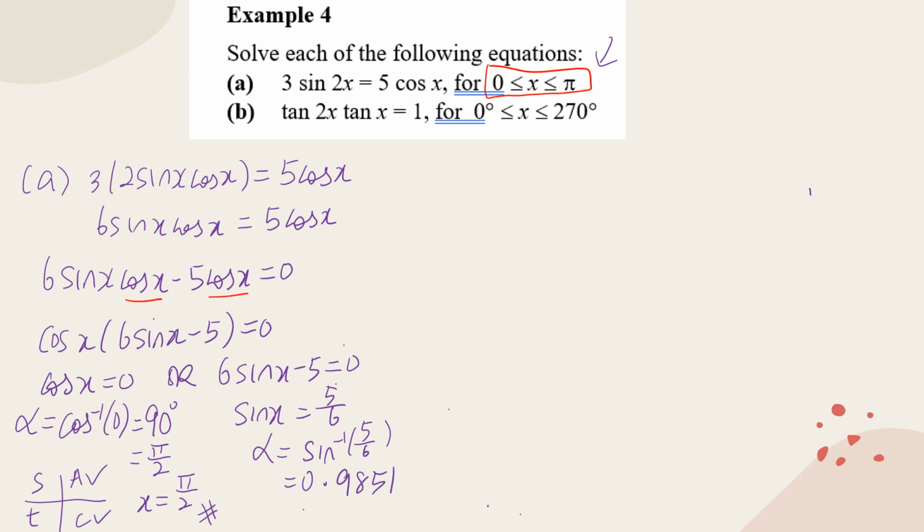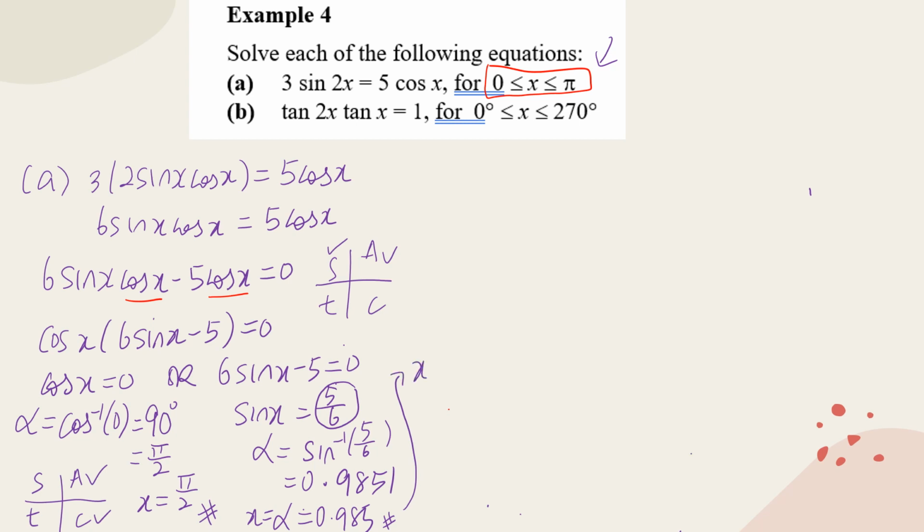0.9851. For the sine ratio, 5 over 6 is a positive value, so the suitable angles will come from the first and the second quadrant. Your first answer, from the first quadrant, will be x equals alpha, which is 0.985, to three significant figures, unless the angle is in degrees, then it's one decimal place.